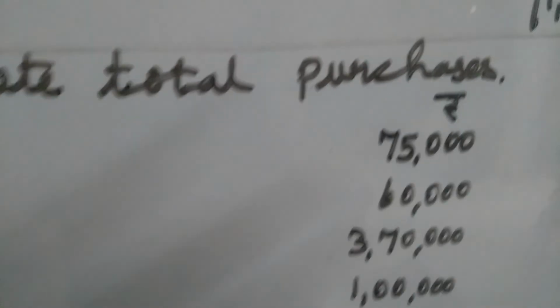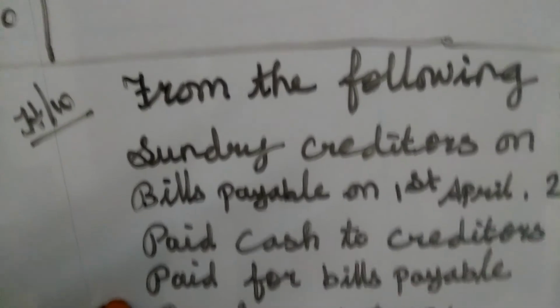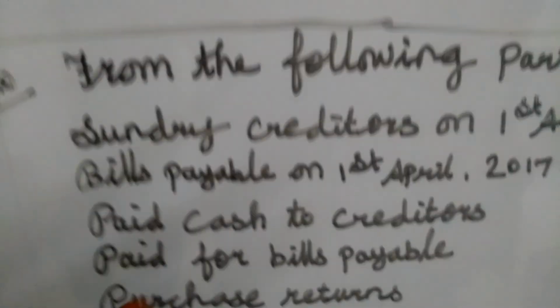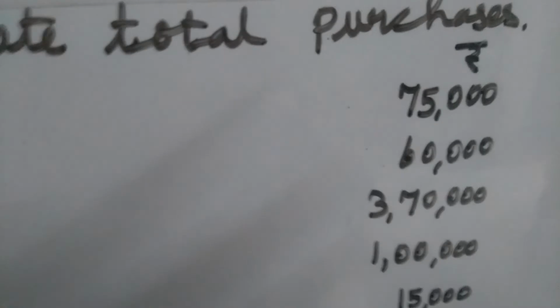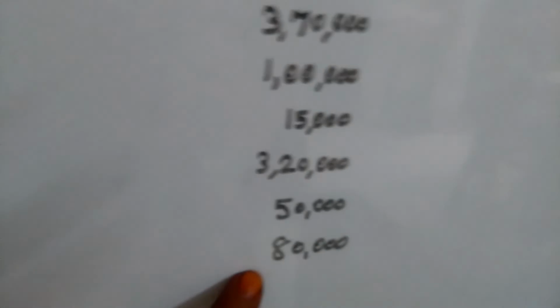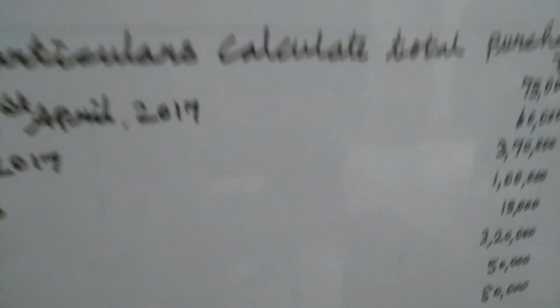Cash paid to creditors 3,70,000. Paid for bills payable, rupees 1 lakh, and then purchase returns 15,000, right? And then cash purchases 3 lakhs 20,000, and then creditors on 31st March 2018, 50,000, bills payable on 31st March 2018, 80,000, right? You can try and complete this sum.